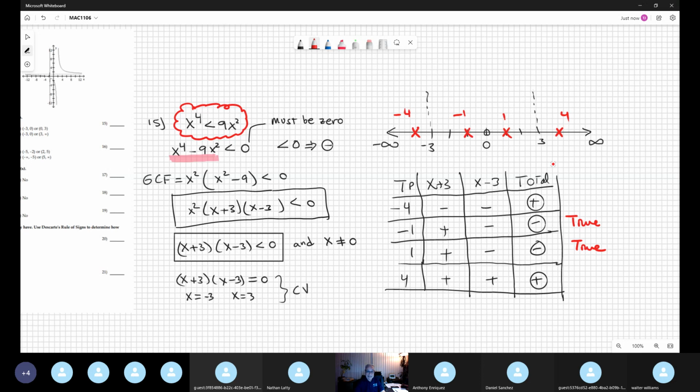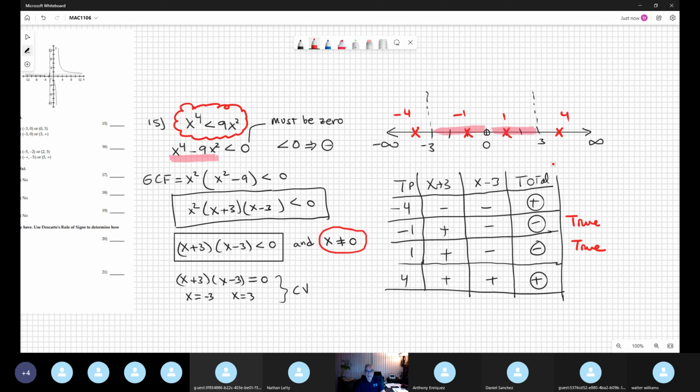But be careful, this restriction, non-zero, is a hole. Therefore, I suppose that my interval solution is this piece and this piece, and does not include 3 and not include 4. Why not? Because you see the equal sign here, maybe yes, but with no equal sign it does not include the endpoint again.